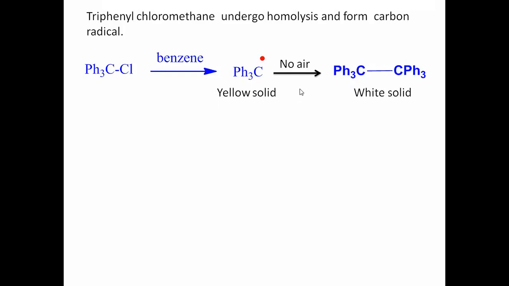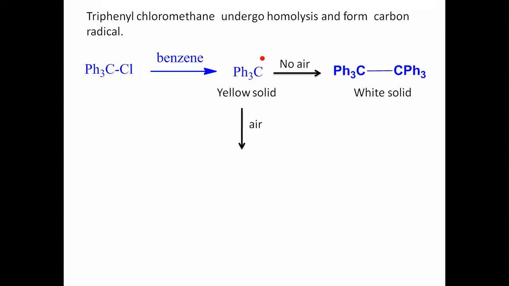After a certain time interval, it becomes a white solid, indicating that dimerization takes place. So from the observation of color changes, free radical reactions can also be judged. Many reactions we might have observed, such as photochemistry based reactions, can be observed by changes in color from reactant to product formation.